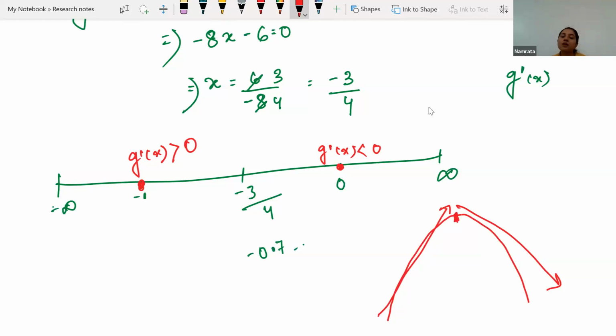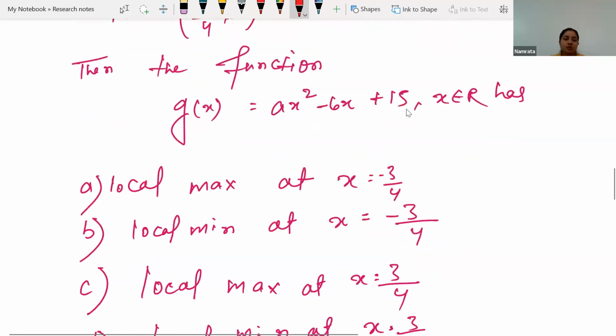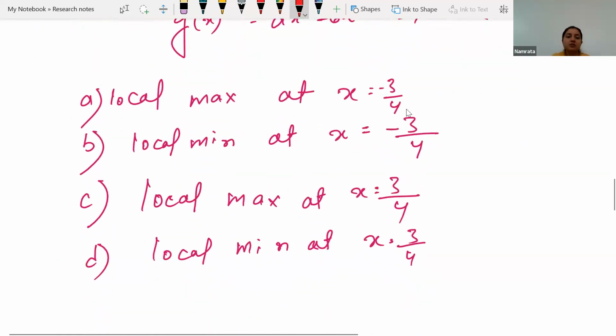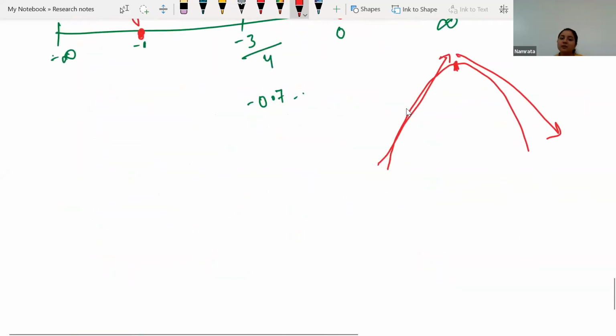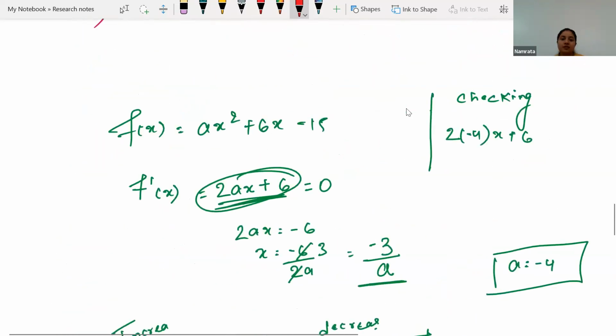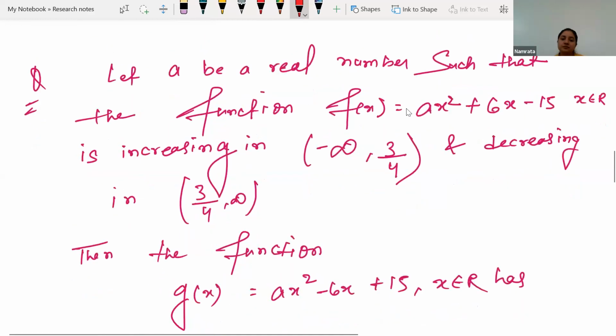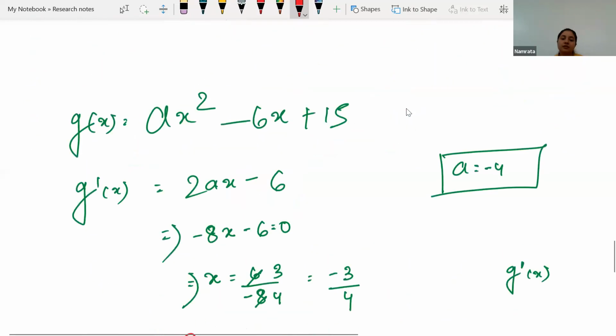We are getting the local maxima over here. −3/4 is the point of maxima. So local max at −3/4. Option A is the correct option. Is it clear to everyone? Yes, ma'am.